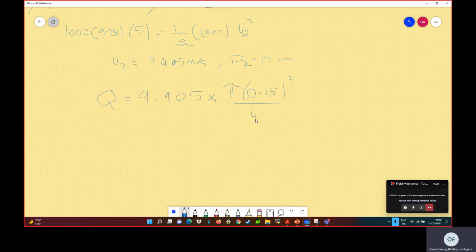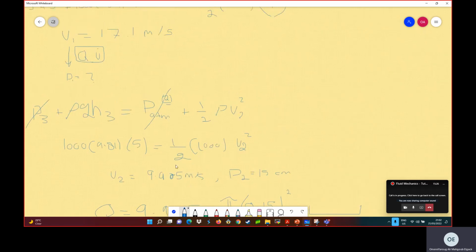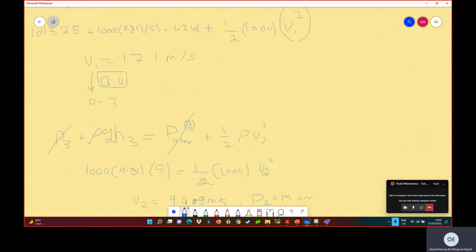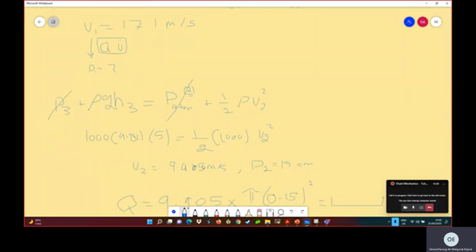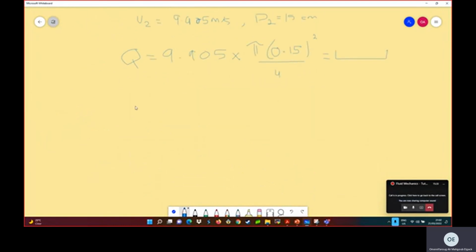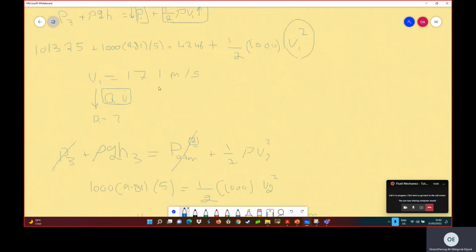You have a value for the volumetric flow rate. Then, after you obtain it, divide the volumetric flow rate by V1 to find A1. V1 we found in the previous step, 17.1.